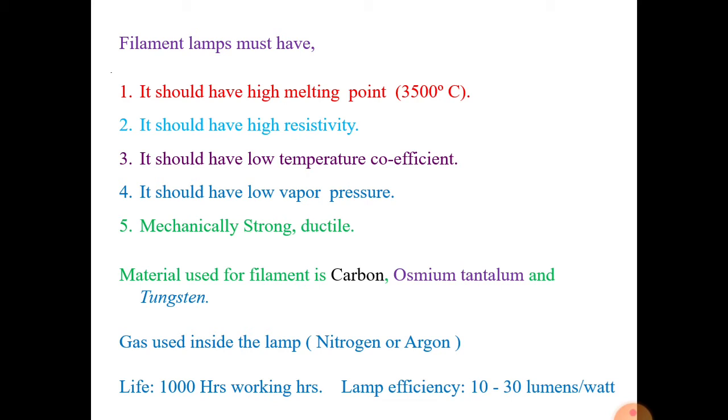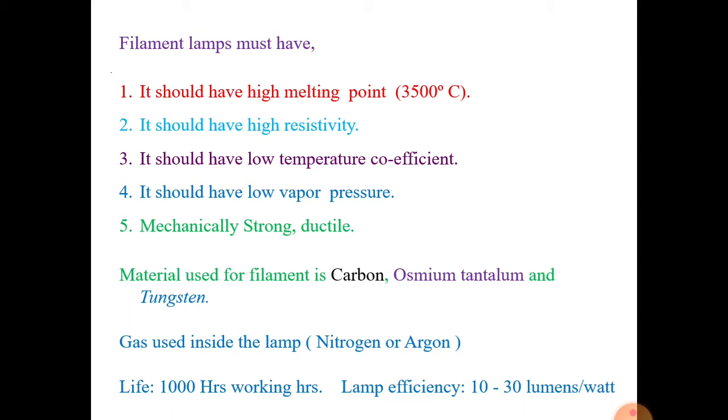The materials used for the filament are carbon, osmium, tantalum and tungsten. But generally tungsten is used for the filament because it has very good characteristics, like a high melting point and high resistivity. The gas used inside the lamp, as I told you, is nitrogen or argon.